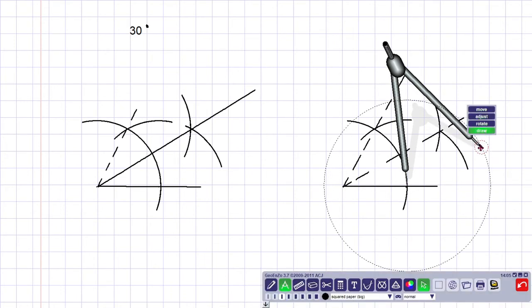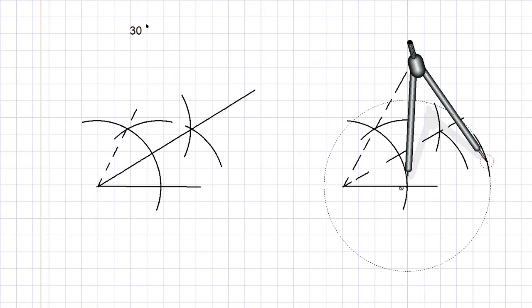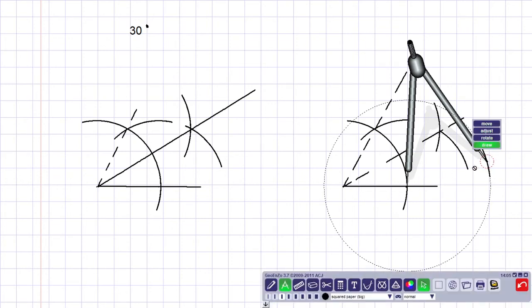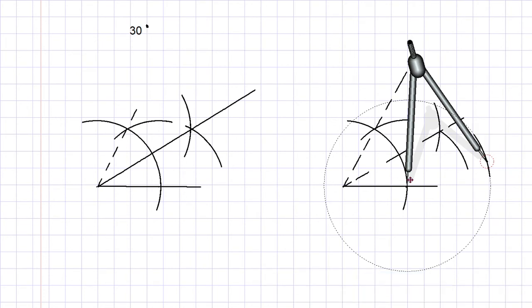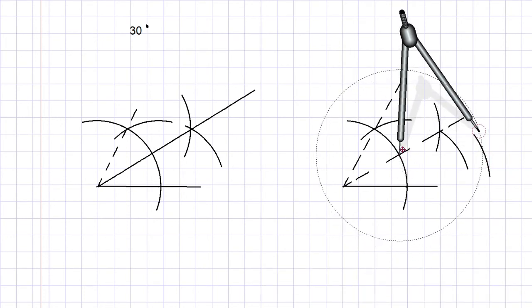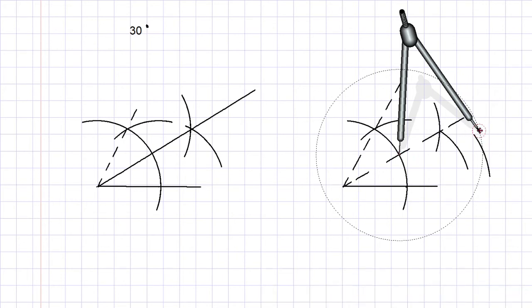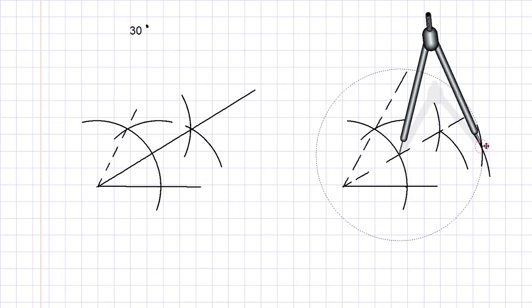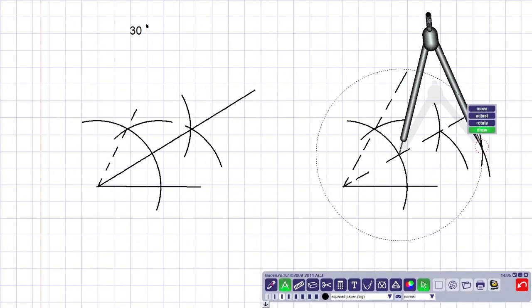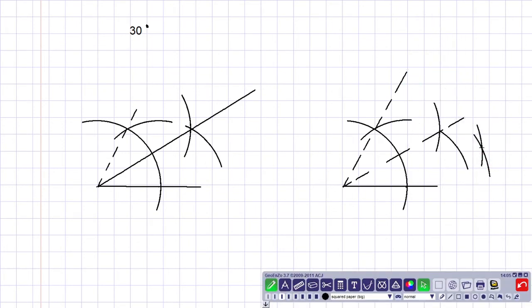Now draw an arc. Now without changing this distance between tip of the pencil and tip of compass, place the compass here. After that, cross the previous arc. This is the crossing point.